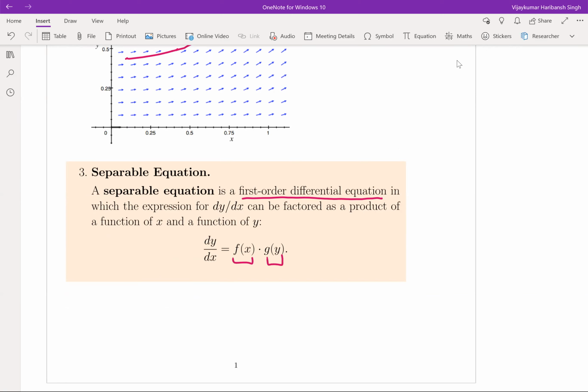A few examples are as follows. Say dy/dx = xy squared. This is separable, right?